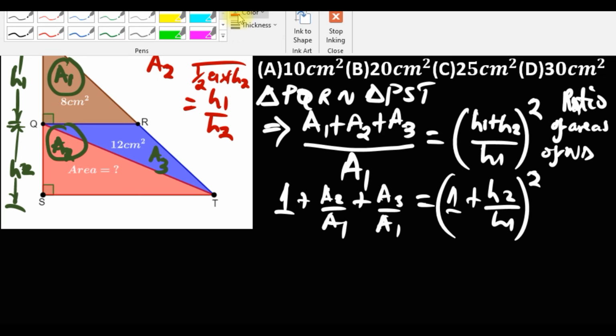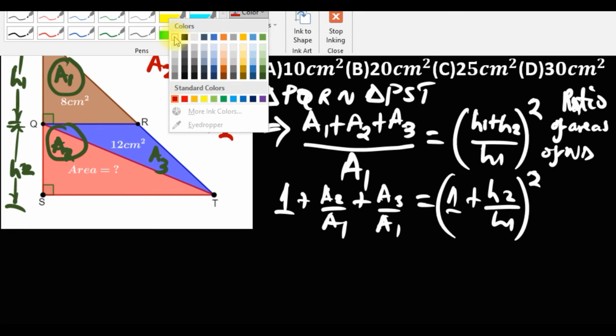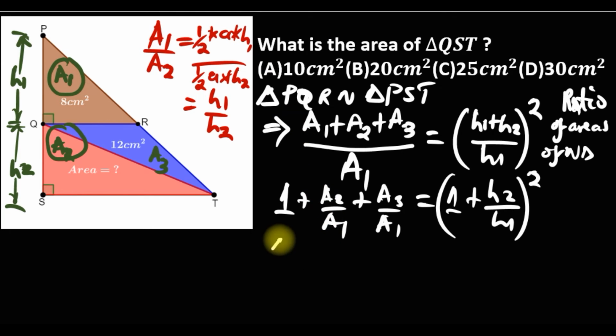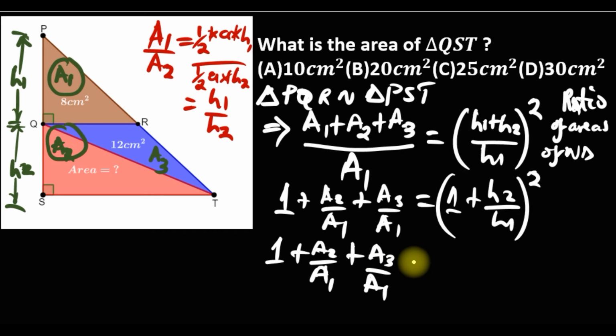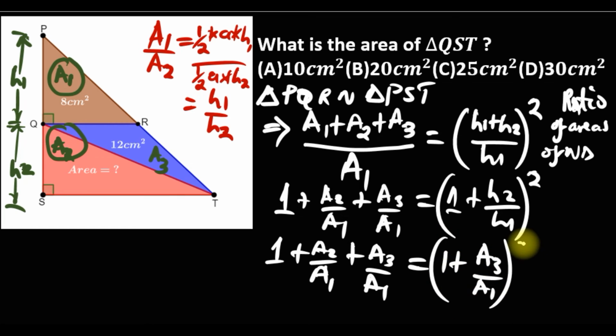So see what I'm saying? A2 over A1 plus A3 over A1 equals, where H2 over H1 is the same as A3 over A1. Do you know why? Let's go to the diagram.